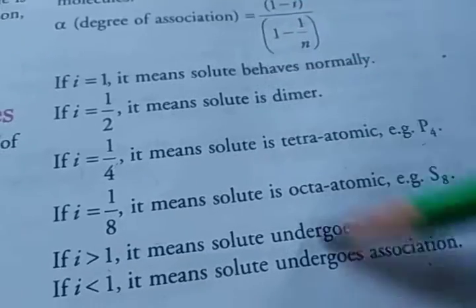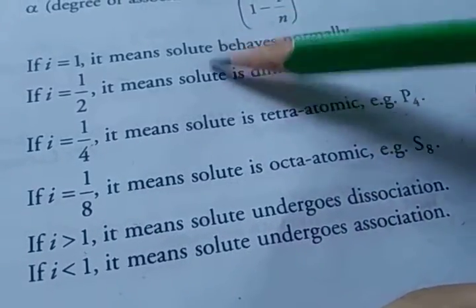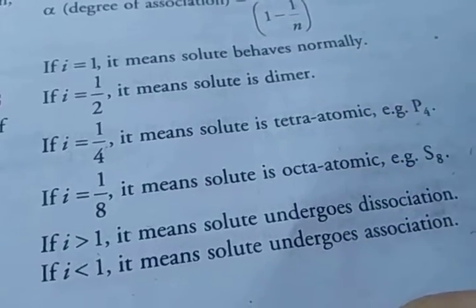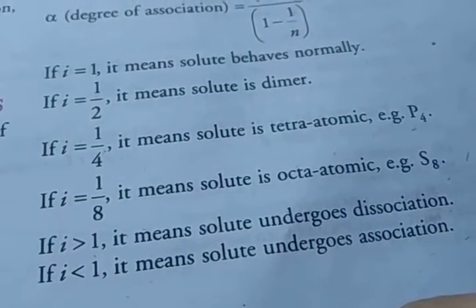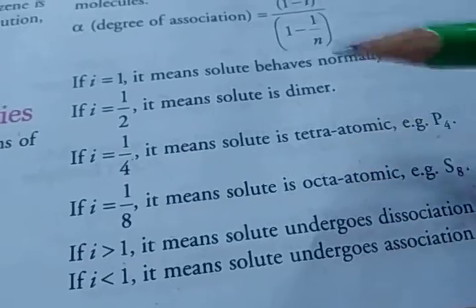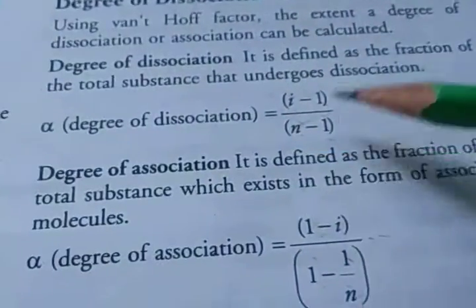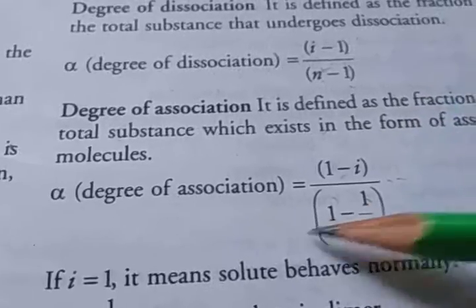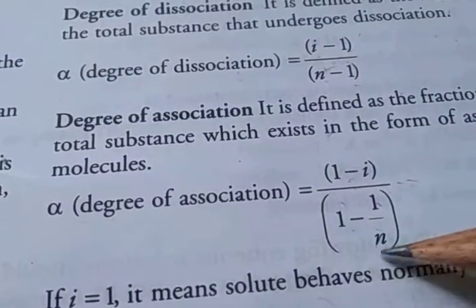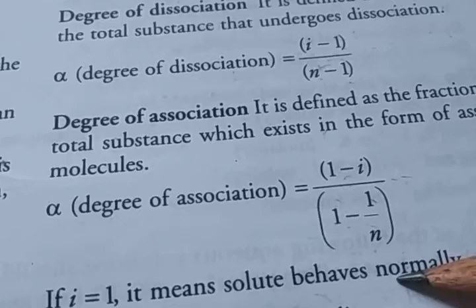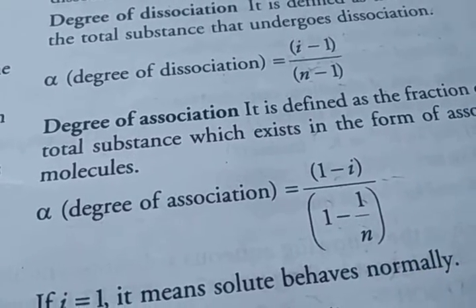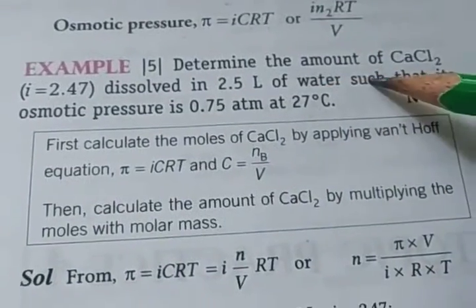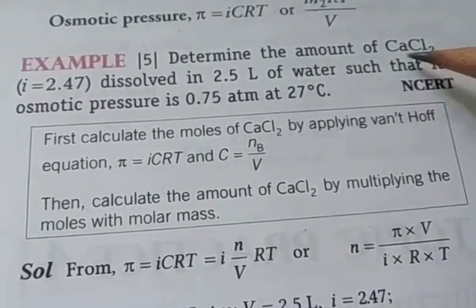So these are the main factors: using the van't Hoff factor, the extent of dissociation or association can be calculated. Dissociation: i minus 1 divided by n minus 1, and association: 1 minus i divided by 1 minus 1 upon n.